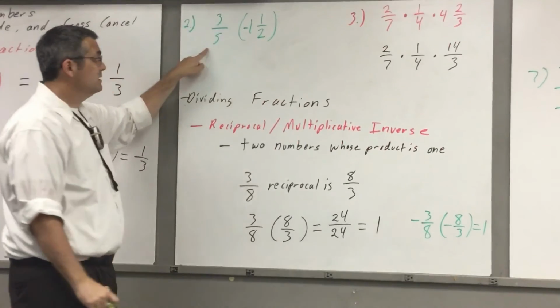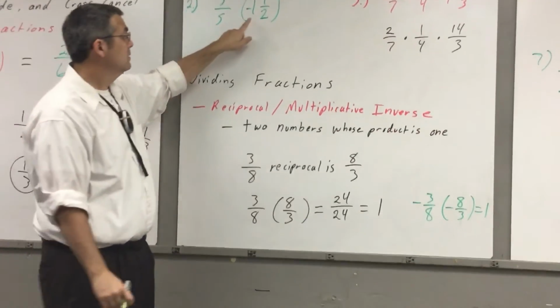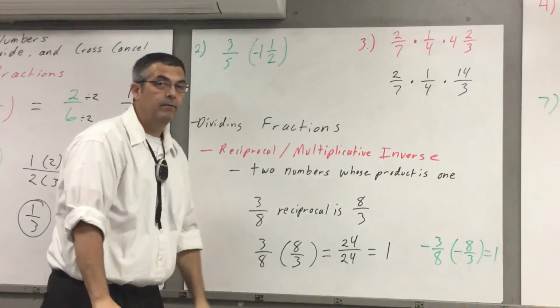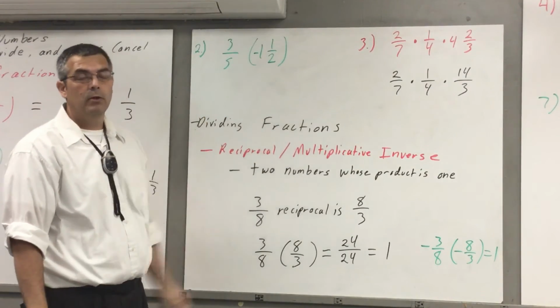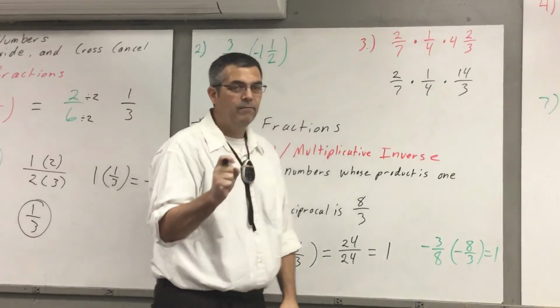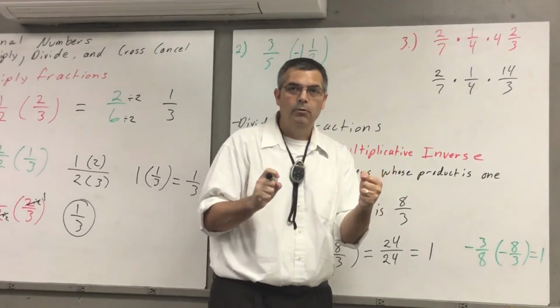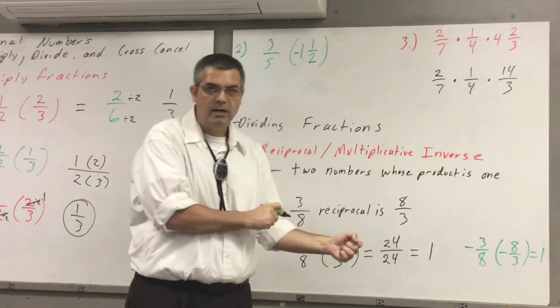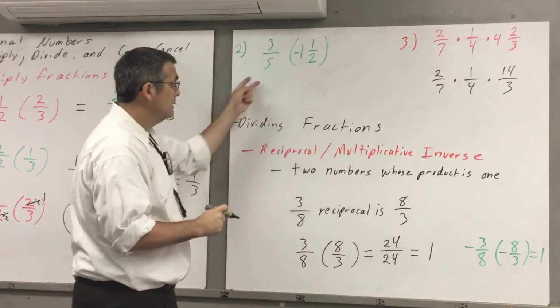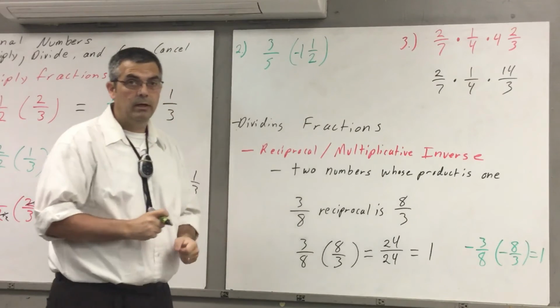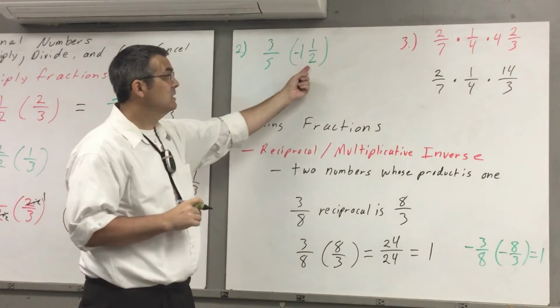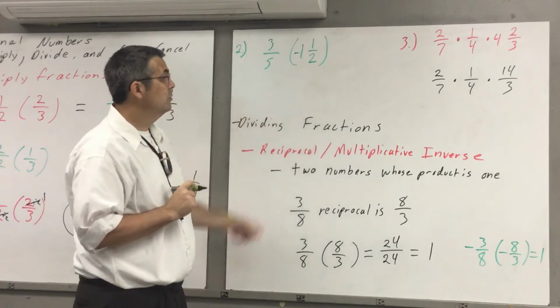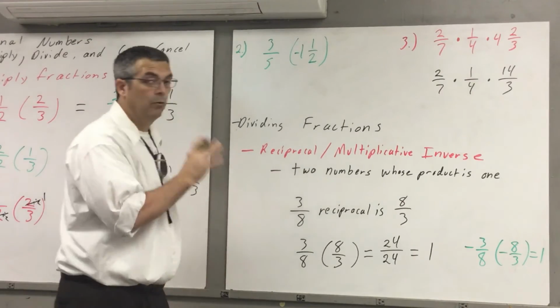We have 3/5 times -1 and 1/2. Mixed number. You cannot multiply a fraction times a mixed number. You must turn it into an improper fraction. It doesn't work if you try to do it the other way. So we have to turn this into an improper fraction before we can do anything else.